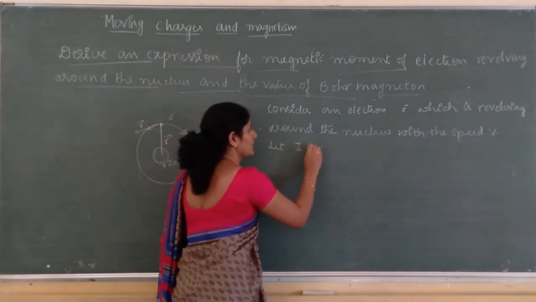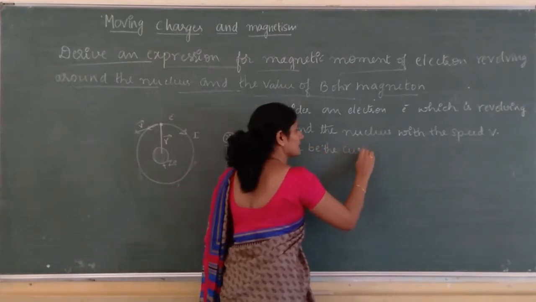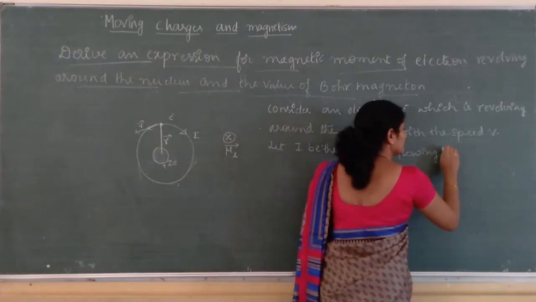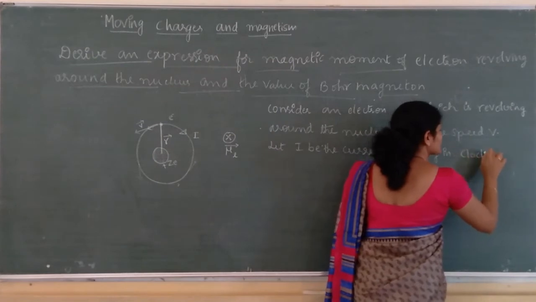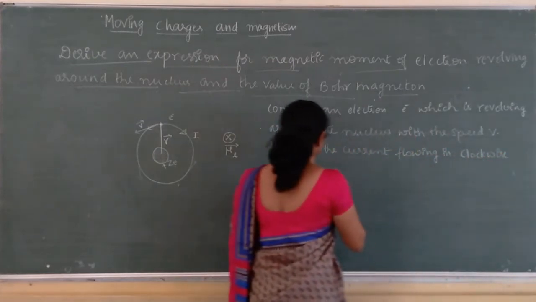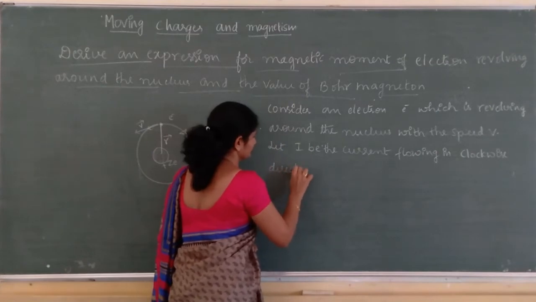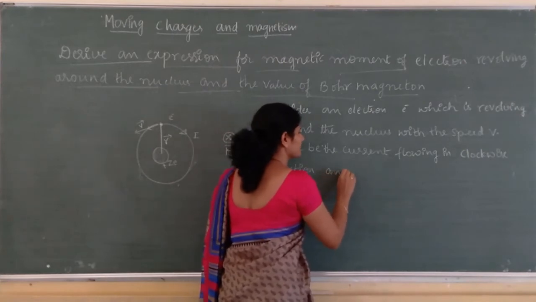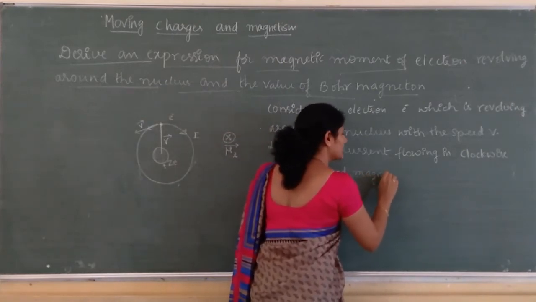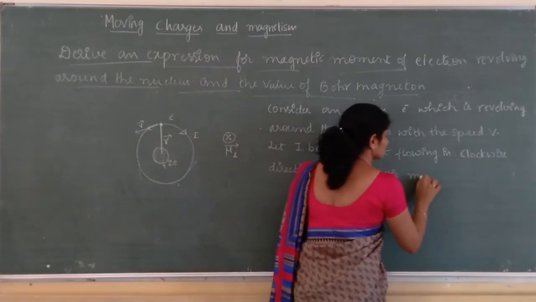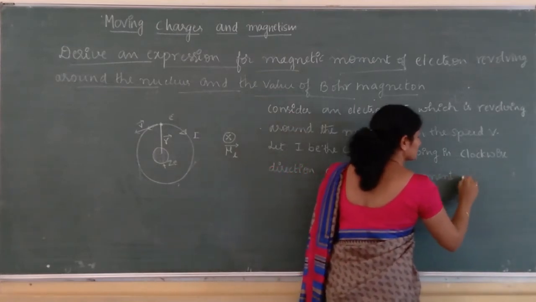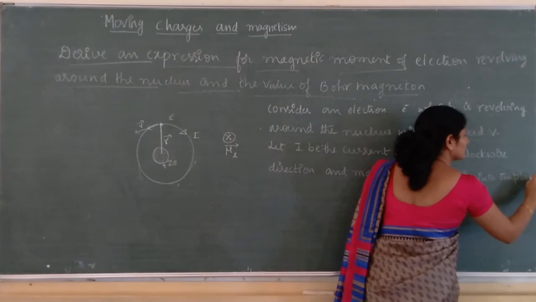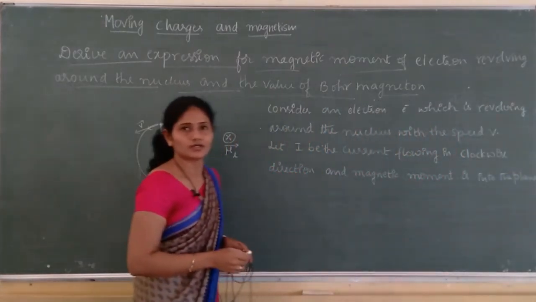Let I be the current flowing in clockwise direction and magnetic moment is into the plane. Magnetic moment is into the plane.